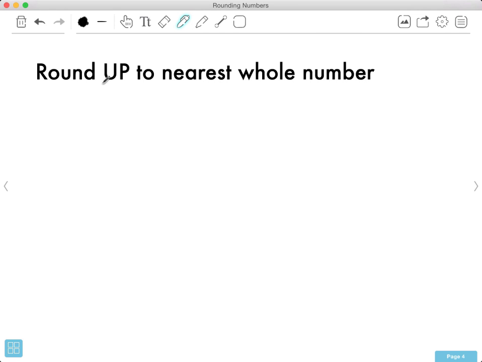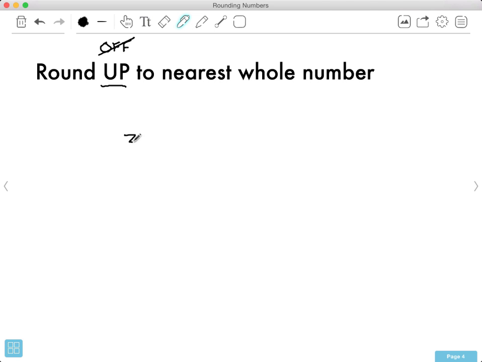The other phrase you might hear is round up to the nearest whole number. Now, round up is not the same as round off. What you've been doing with the 5 or higher rule is rounding off. Rounding up means you always round up.